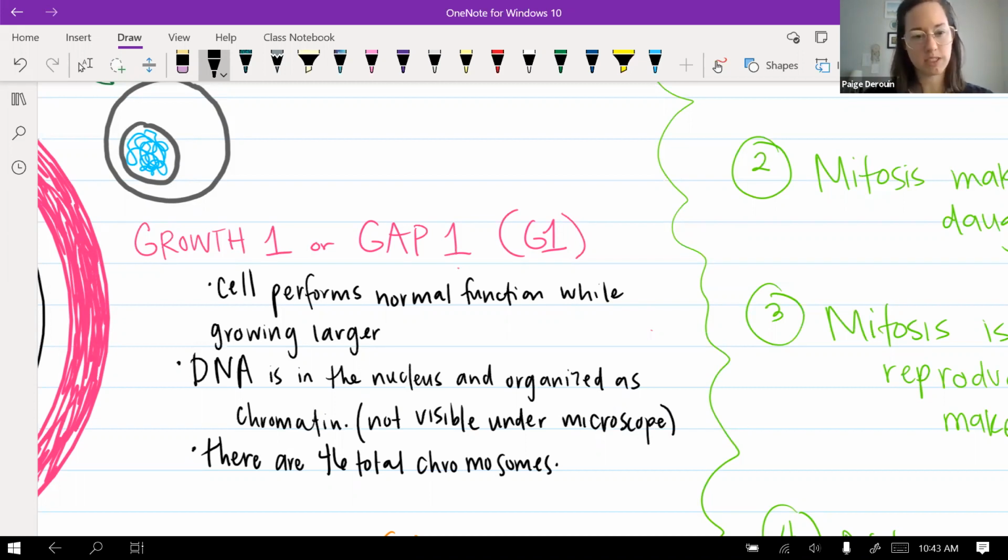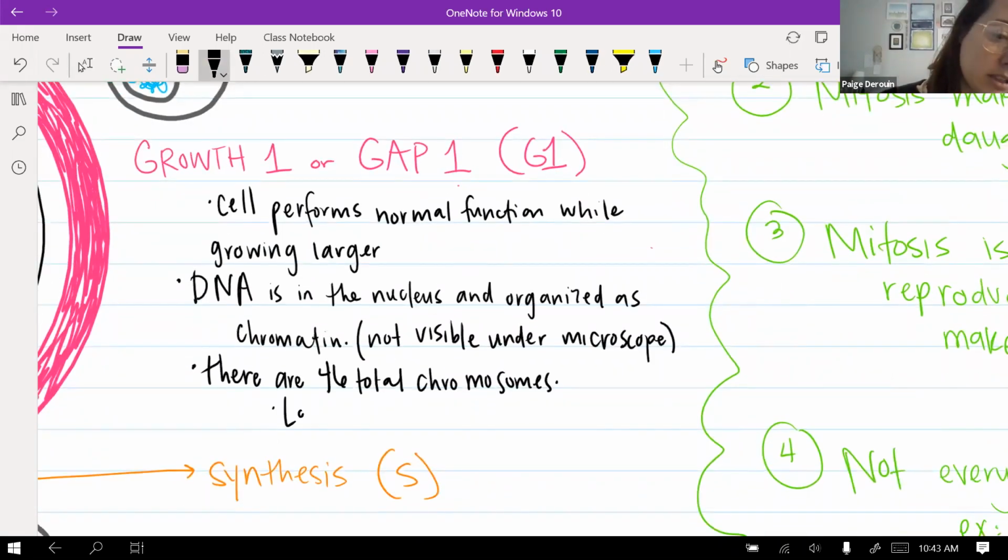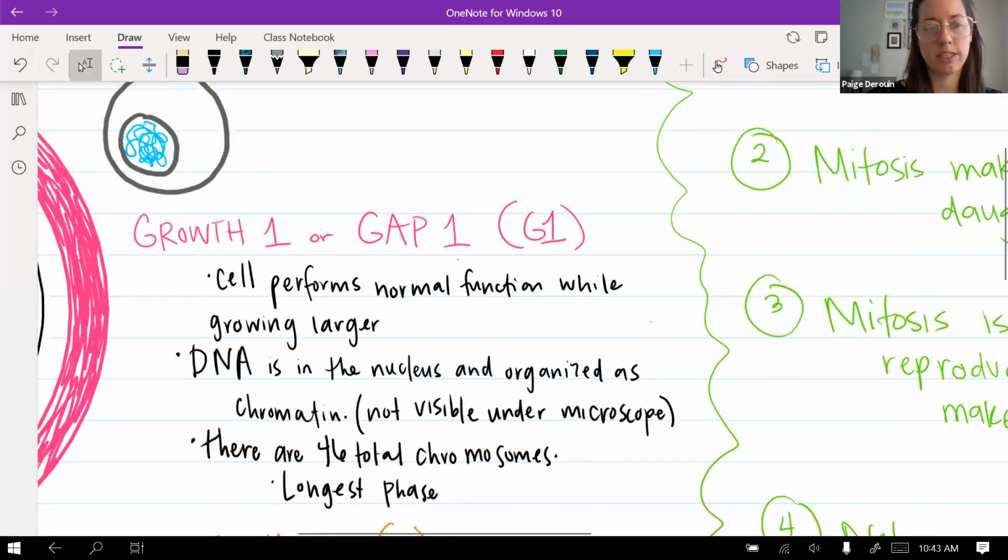And that's G1. I'll just say it's the longest phase. Some cells will spend almost their whole entire life just hanging out in G1, doing normal cell things, growing, eating, chilling, living the good life. For most cells, there needs to be some sort of trigger or chemical signal that tells them, okay, now we're going to move on to the next step.